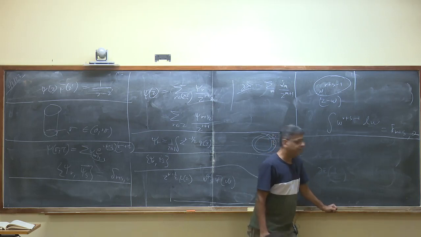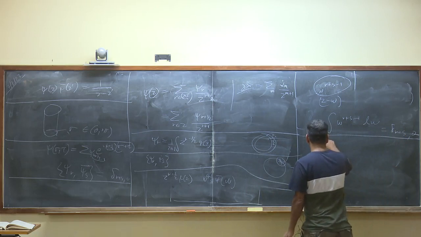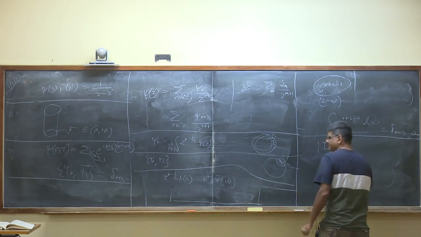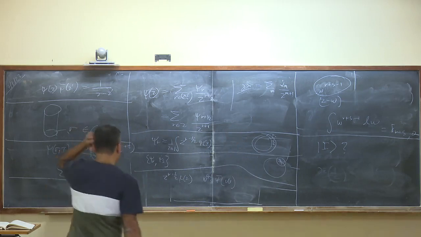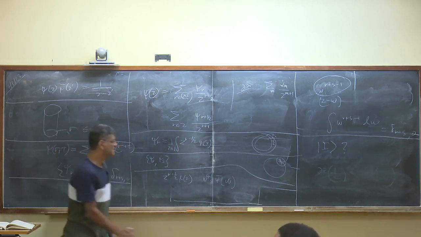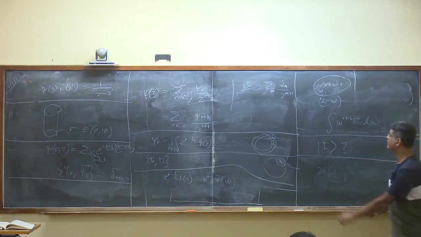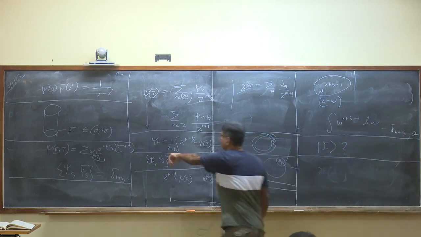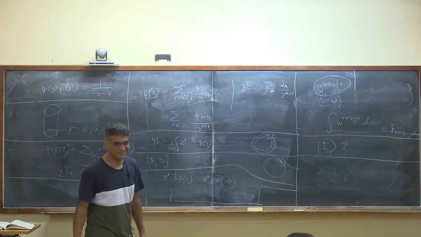First question we're going to ask is, what is the state dual to identity? So what we will do is take this operator psi r and act on the state dual to identity and see what we get.